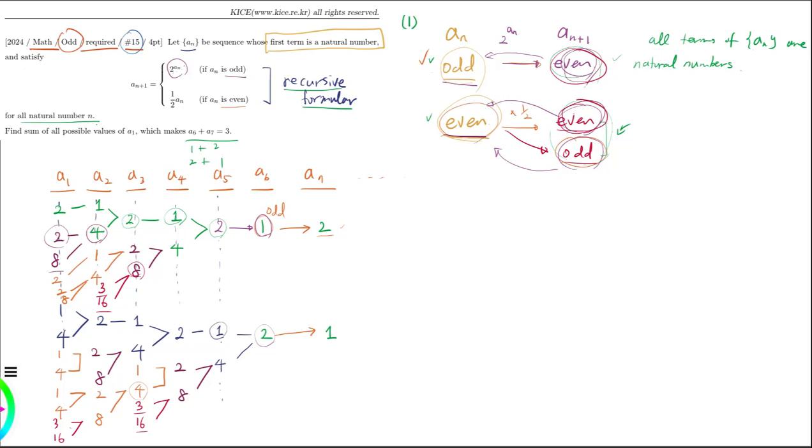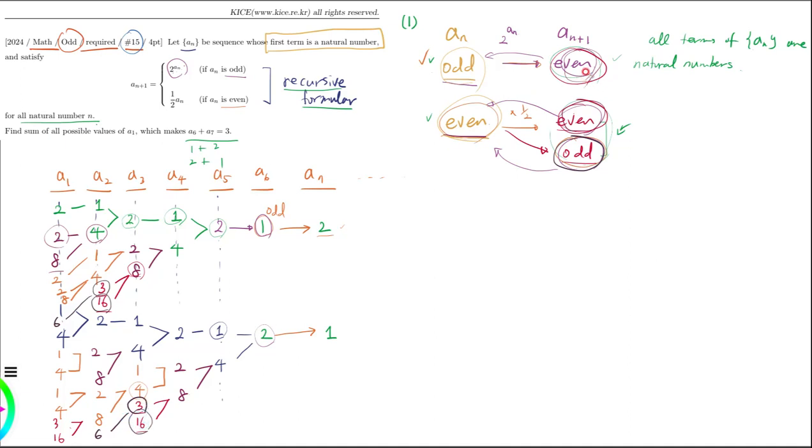Right. So in case of 3, this is odd, so it has only one possibility, which is even 6. What's the previous number for 16 here?